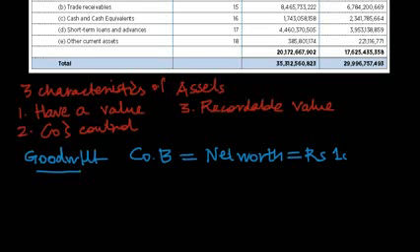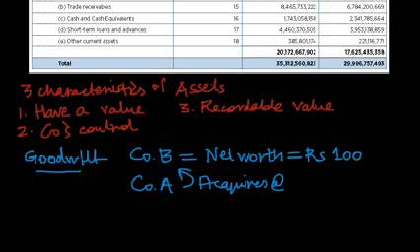And there's company A which wants to purchase, or acquires, company B at rupees 150. Now you know the net worth of company B is just 100 rupees, but company A is willing to pay a higher price for that net worth, and it acquires company B at, say, 150 rupees.